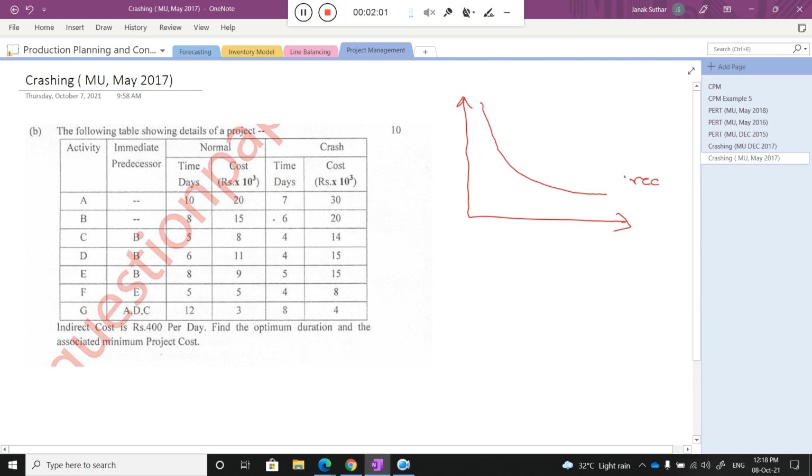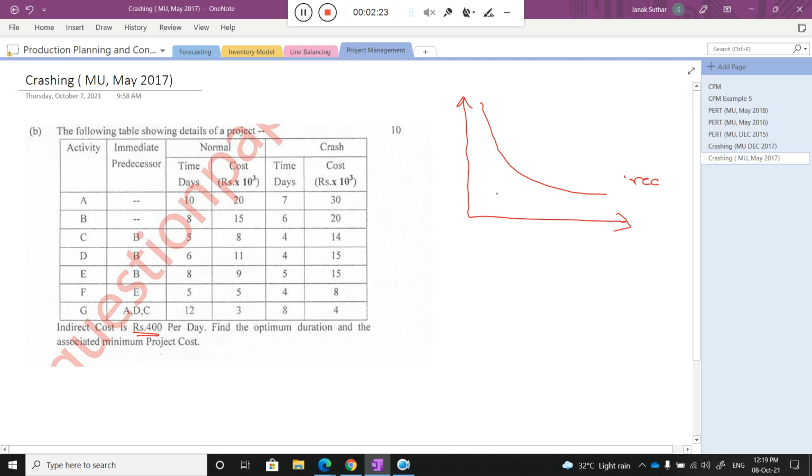And when I talk about the indirect cost, what is it? It is the capital tied up, the interest you need to pay to the bank, as well as the resources you take on a rent basis. That is given here as the indirect cost, and that cost is 400 rupees per day.